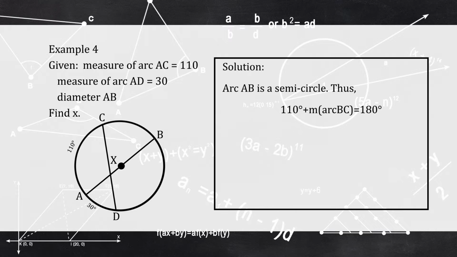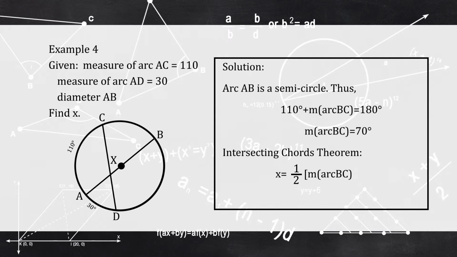From this equation, we can solve for the measure of arc BC, which is equal to 70 degrees. According to the intersecting chords theorem, x therefore is equal to 1/2 times the measure of arc BC plus the measure of arc AD. Substituting the values, x is equal to 1/2 times 70 degrees plus 30 degrees is equal to 50 degrees.